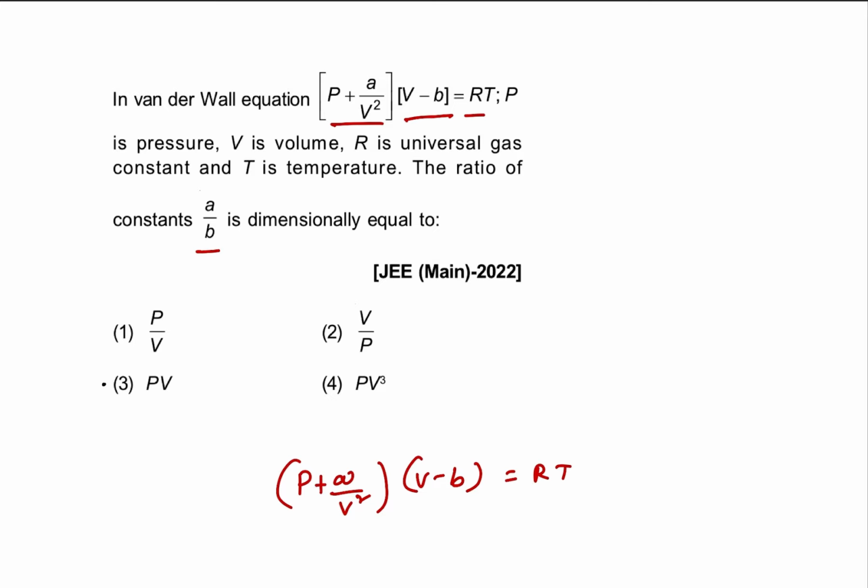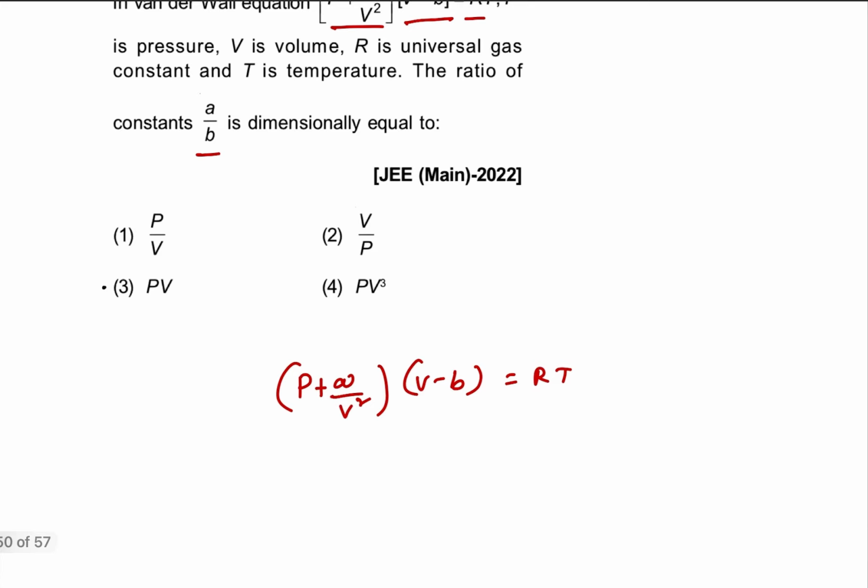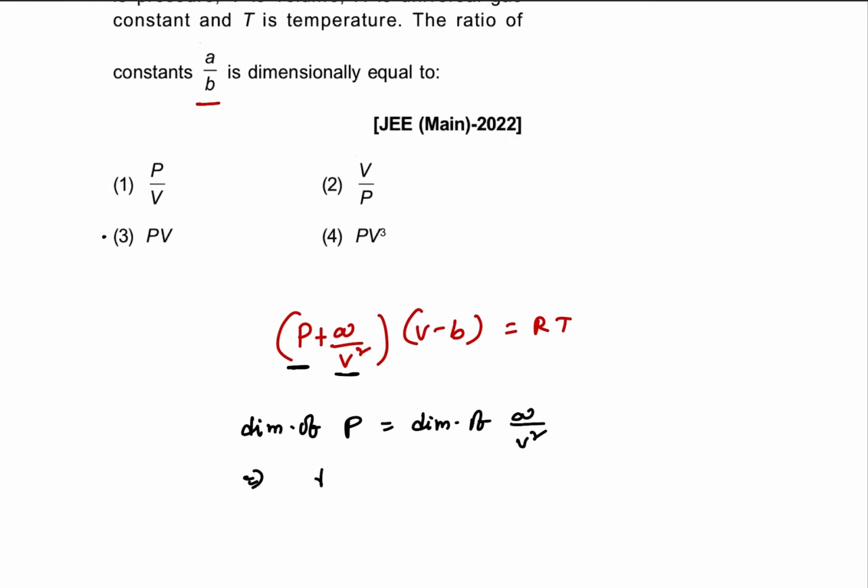According to the question, (P plus A by V square)(V minus B) is equal to RT. No need to write any dimension here. You observe this carefully. I am adding pressure with A by V square, nothing but the dimension of P should be equal to the dimension of A by V square.